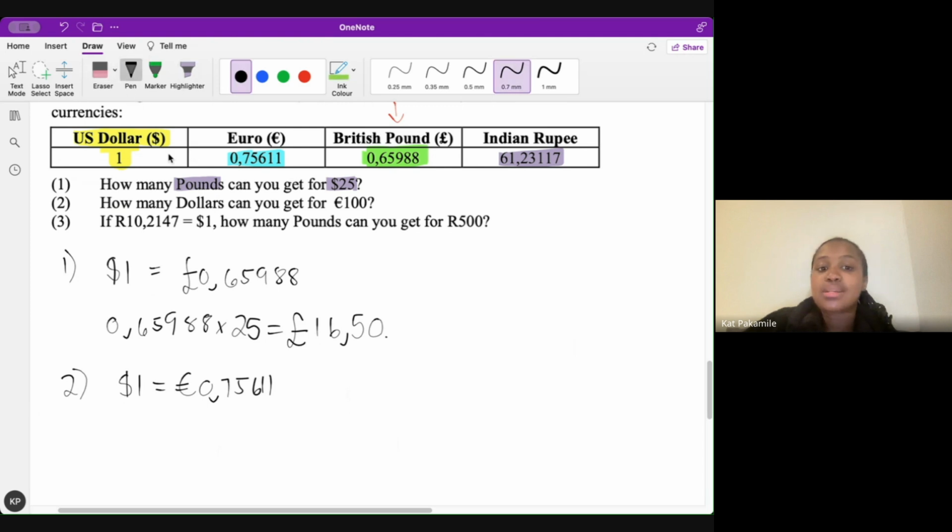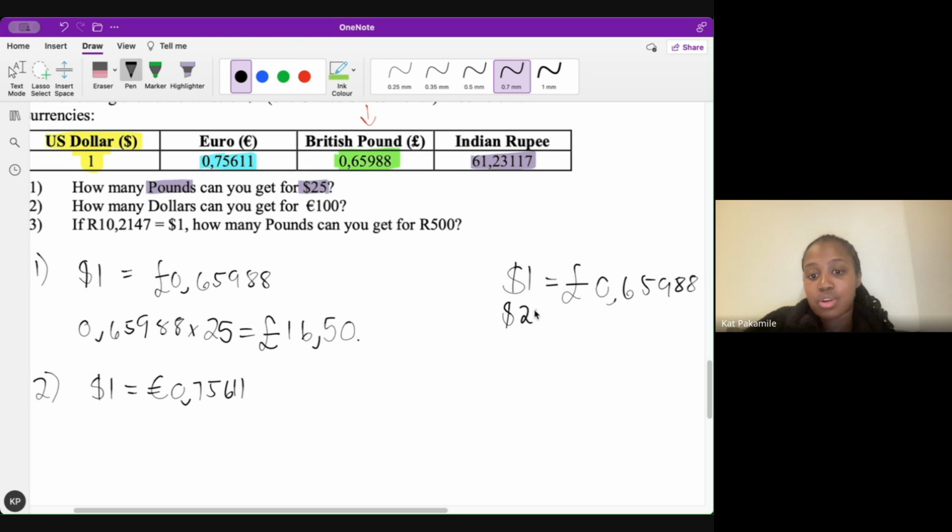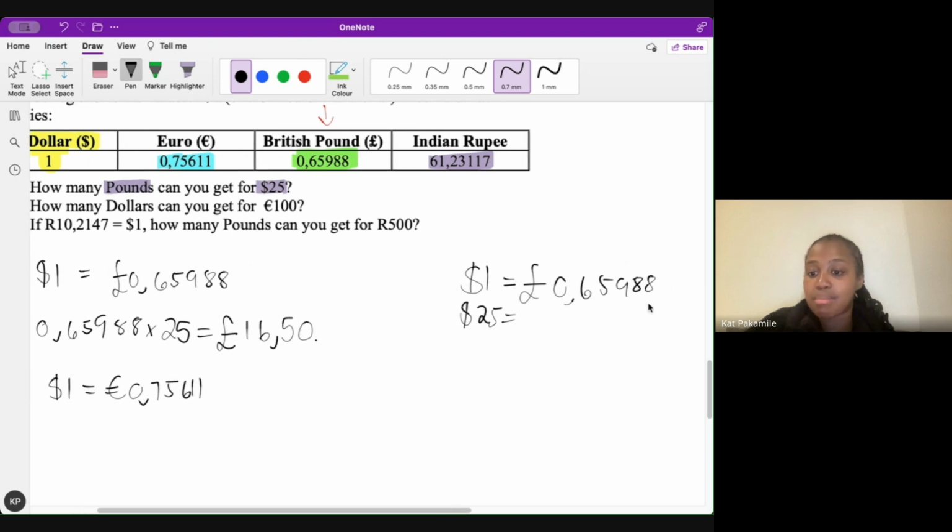So I want to show us a method that will always work. Okay, I'm going to go back to question 1 and show you a method. So we started off with the exchange rate, right? 0.65988. And they gave us $25 equals. If I don't know something in math, what do I do? How do I write something I don't know in math? I use a variable. So I'm going to put X there. Okay, X pounds.